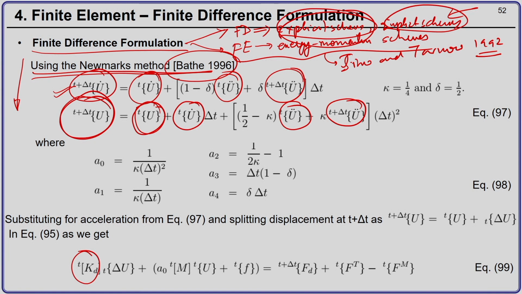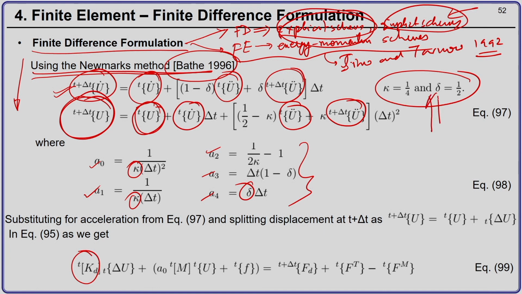Here A0, A1, A2, A3 are some constants that will be used, which depend on the constants kappa and delta. Kappa and delta are called the Newmark's constants, and they take the value of 1 by 4 and 1 by 2 respectively, and these values are derived from the unconditional stability property for linear system.